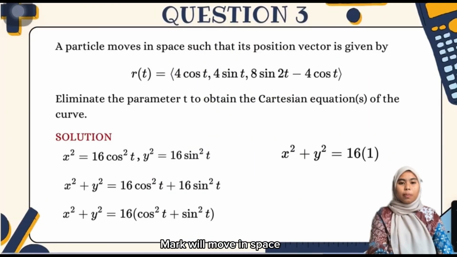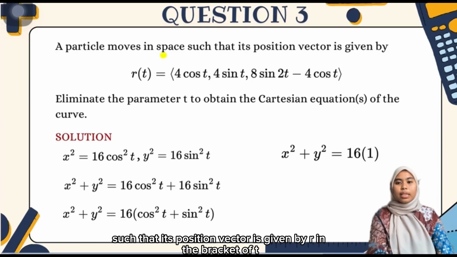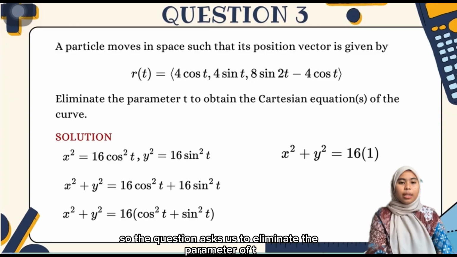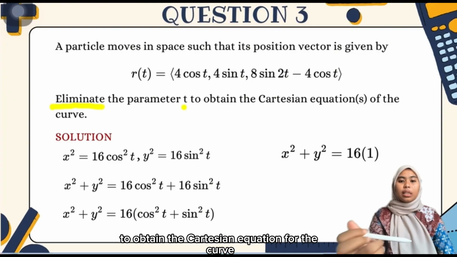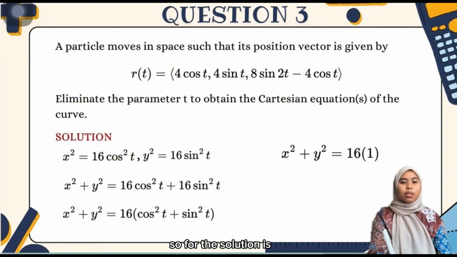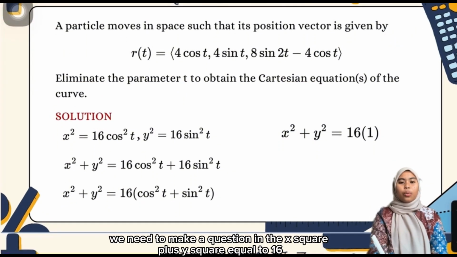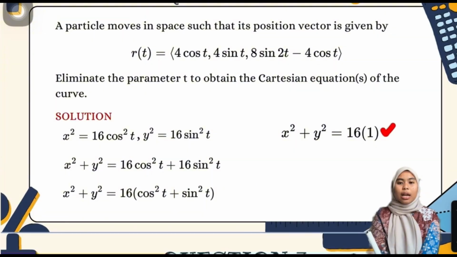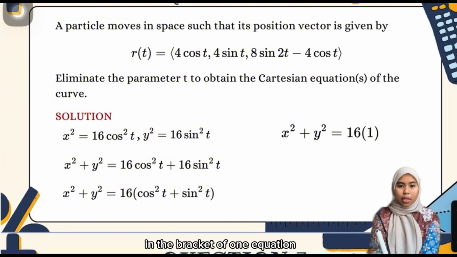A particle will move in space such that its position vector is given by r(t) = (4 cos t, 4 sin t, 8 sin 2t − 4 cos t). So the question asks us to eliminate the parameter of t to obtain the Cartesian equation for the curve. So for the solution is, we need to make an equation in the x² + y² = 16 in one equation.